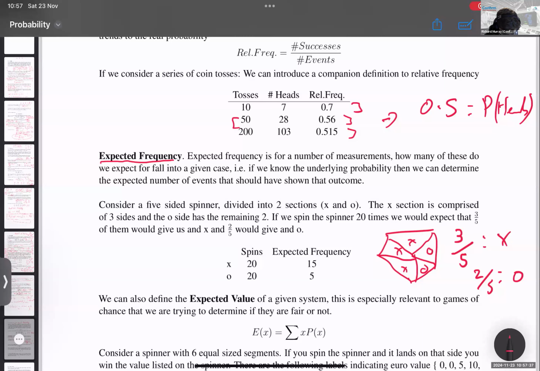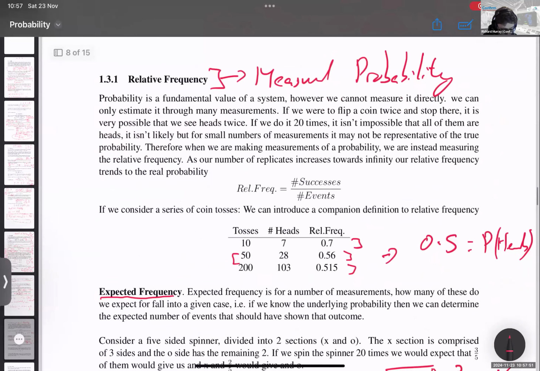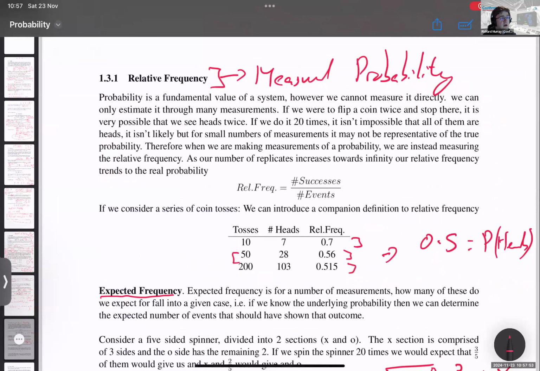So we see that if we spin it 20 times, 20 times 3 over 5 is equal to 15, and 20 times 2 over 5 is equal to 5. So our relative frequency, our expected frequency, and our measured probability are all tied in together. And we can use this in a couple of interesting ways for a lot of exam questions.